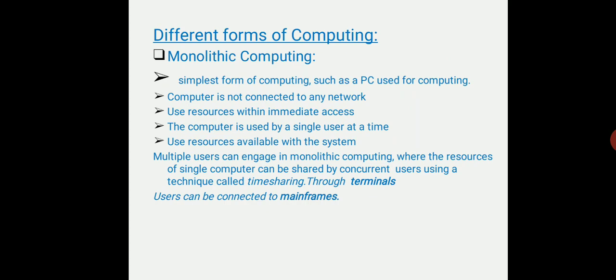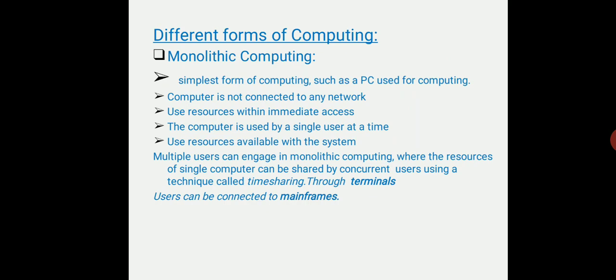So this is about monolithic computing: using a single computer with its own resources, and computers are not interconnected. And one more thing, the resource can be shared: a single resource can be shared among multiple users, or multiple terminals. Mainframe is a resource and terminals are the devices using this mainframe.